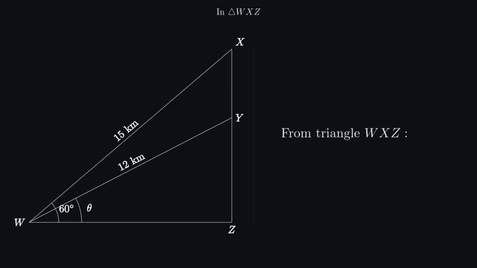Then from triangle WYZ, we use sine to find length of YZ equals 9.37 kilometers. Finally, we subtracted length of YZ from length of XZ to get length of XY equals 3.62 kilometers. These are the final answers.